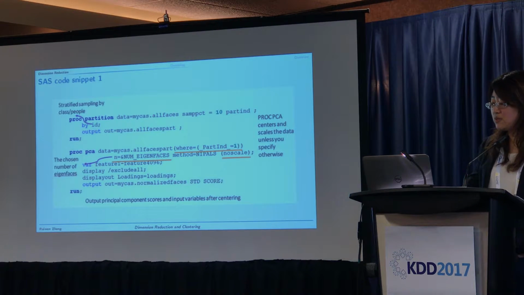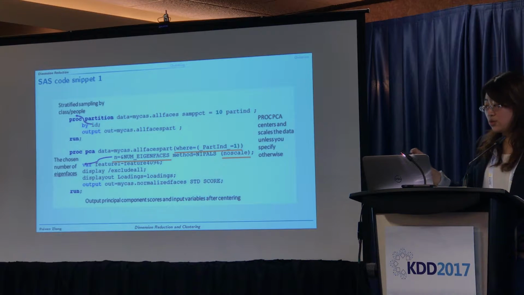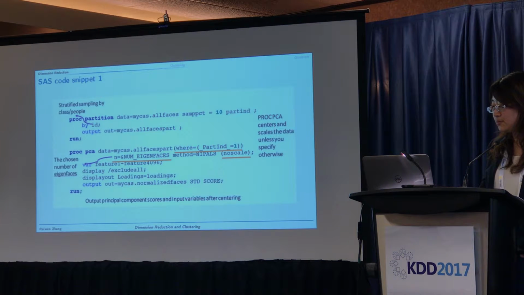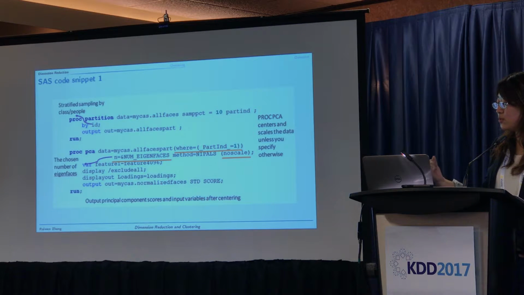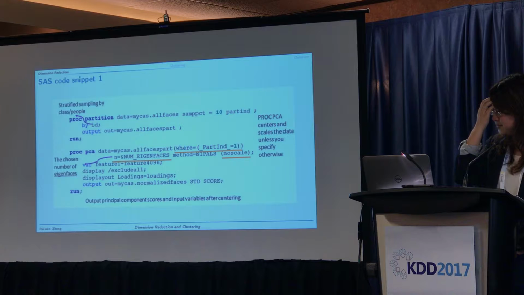And N here specifies the number of eigenfaces chosen. By default, PROC PCA centers and scales the data. Data centering essentially means subtracting the mean, but in this application, we do not need to do any scaling, so we specify the NOSCALE option. The last statement here is the output statement, which outputs the principal component weights and those original variables after centering.